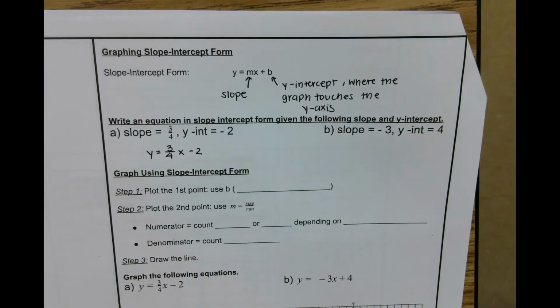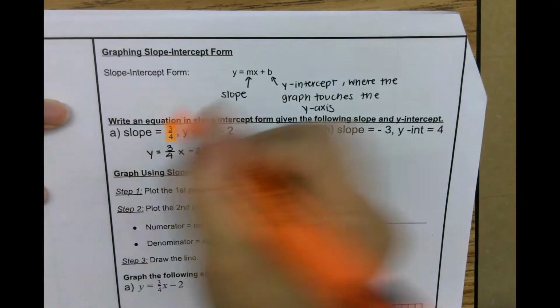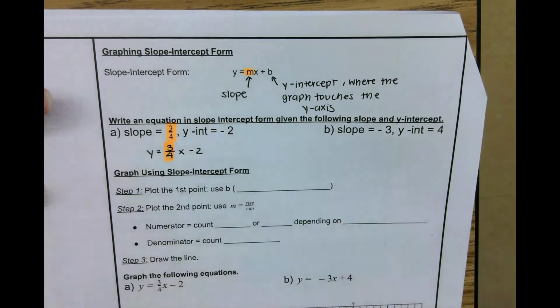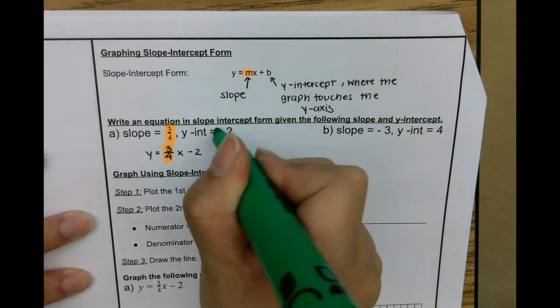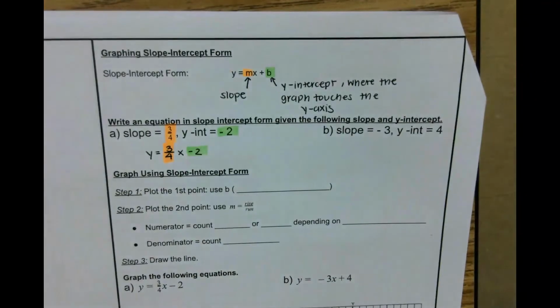You should have plugged in the 3/4 for m, your slope, and then plugged in -2 for your b.